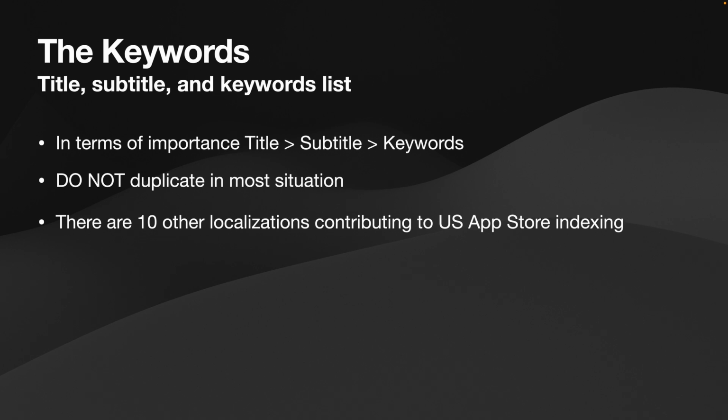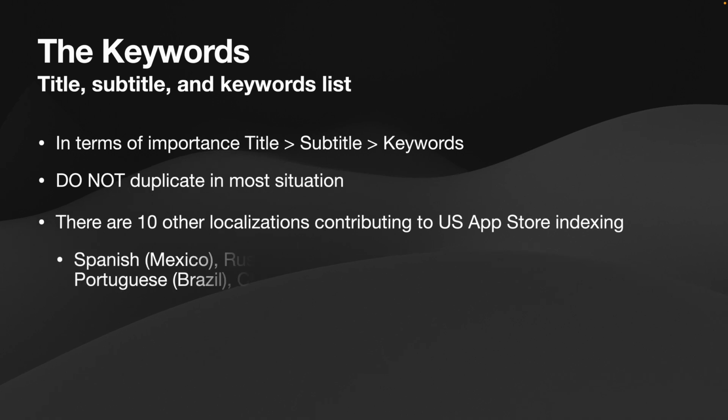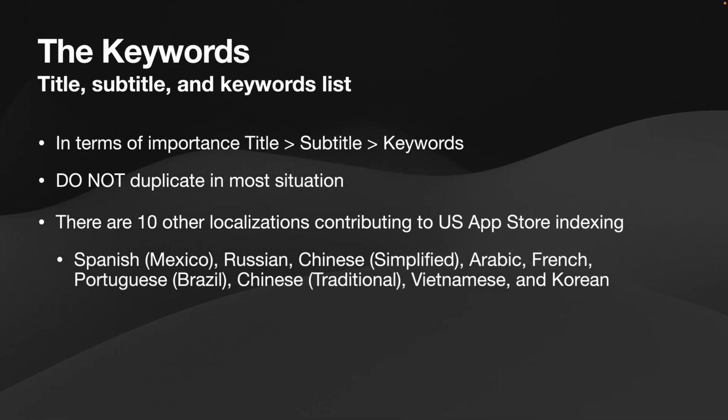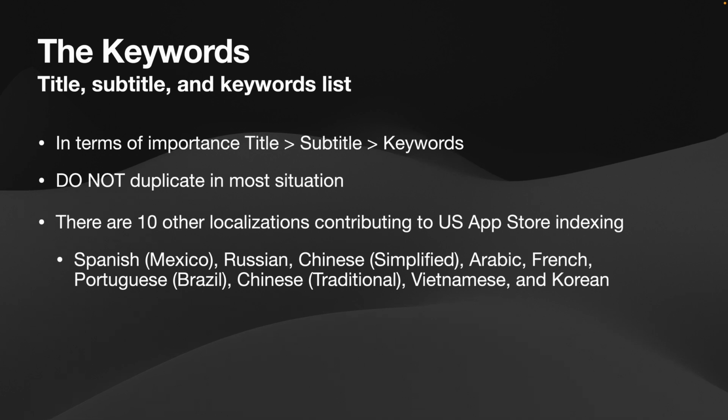We are going to go into this in more detail in further slides, but these 10 localizations are Spanish Mexico, Russian, Chinese Simplified, Arabic, French, Portuguese Brazil, Chinese Traditional, Vietnamese, and Korean.